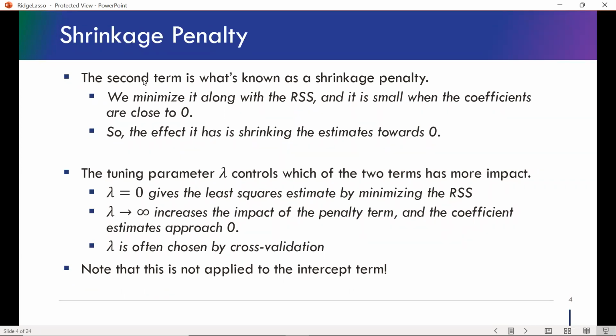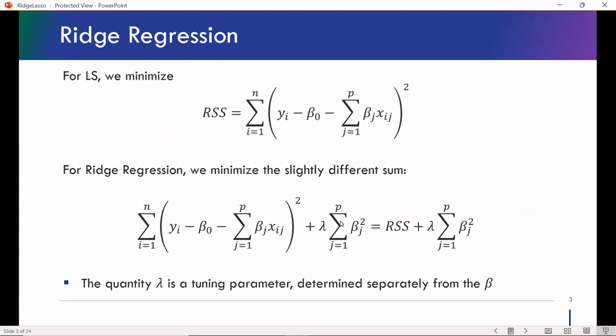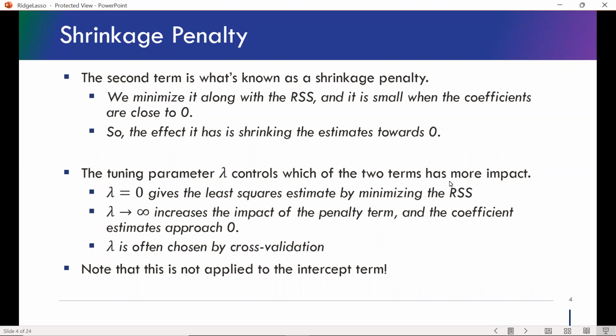The second term is a shrinkage penalty, and we will minimize it along with this RSS. So we are minimizing this whole thing, and the penalty will be small when the coefficients are close to zero, because it is a squared sum. When they are small, their squares are small and the summation is small.